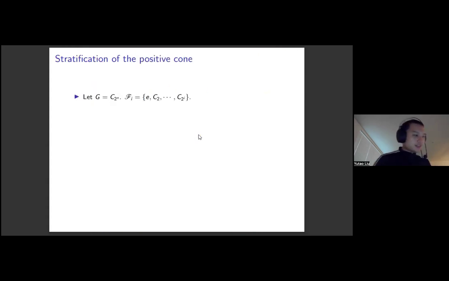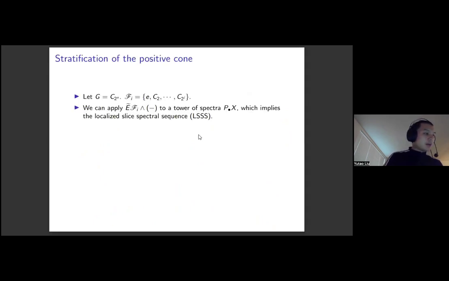So we begin with G as C_2^n, and we choose F_i to be the family of all subgroups up to C_2^i. So first, we can apply the smashing with tilde EF to the slice tower, which gives a spectral sequence we call the localized slice spectral sequence.